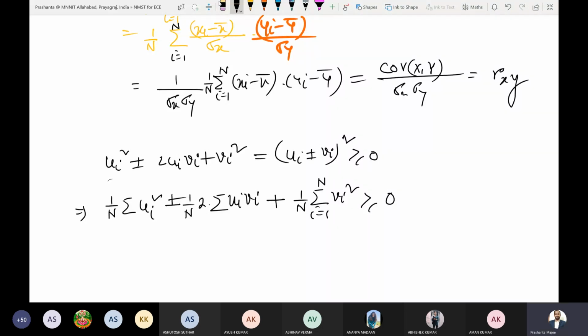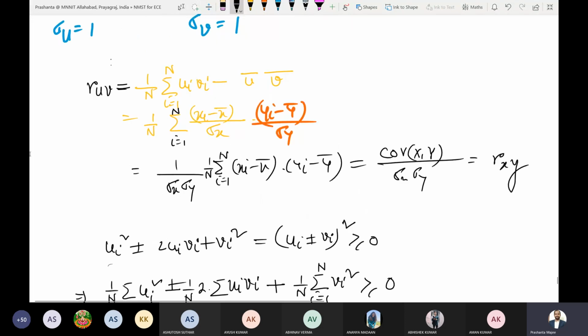So what is the first term? What is summation i equals 1 to n u_i square? That is sigma u square, plus, minus 2 times, what is this part?